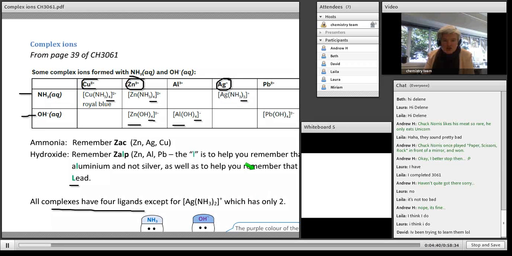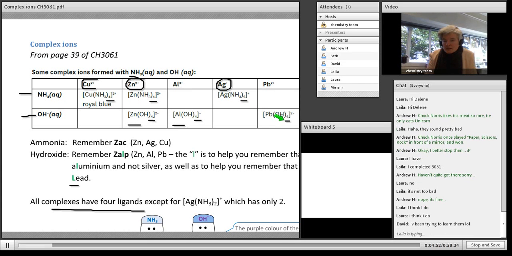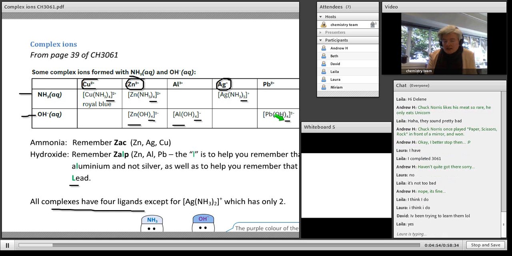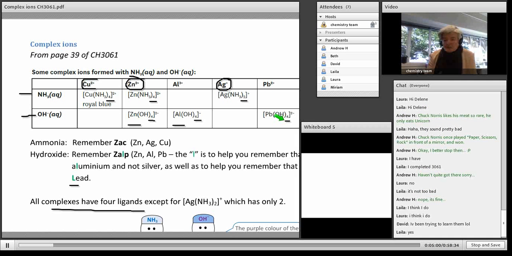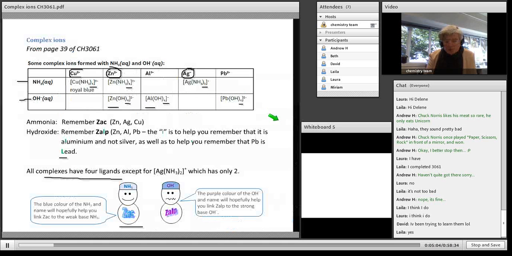Okay, the lead has also got 4. So do you think you'll be able to remember them now? Okay, so find a way of memorizing them, either by making an acronym or, as I say, going by pictures. But it is important.